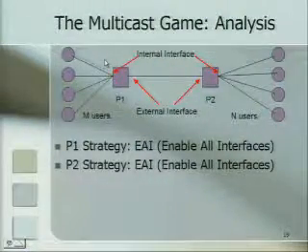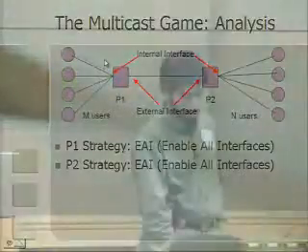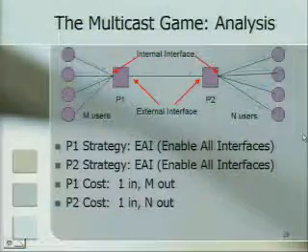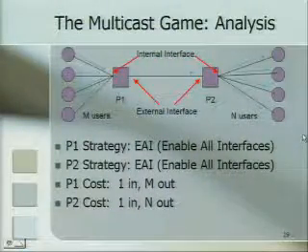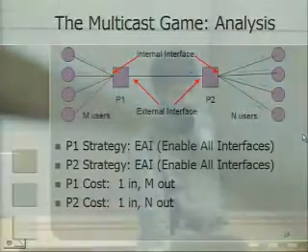It sends the traffic through the router, which will multicast it back and forth to everyone. Based on that, the cost is 1 in and M out if there are M users on the side of router P1, and the same for the other router: 1 in and N outs.